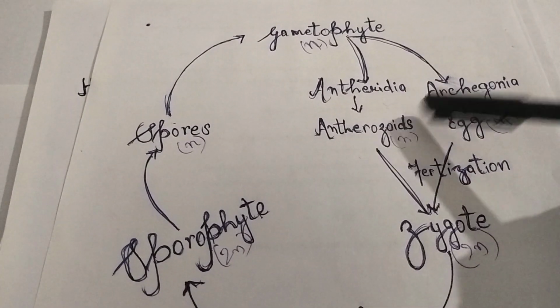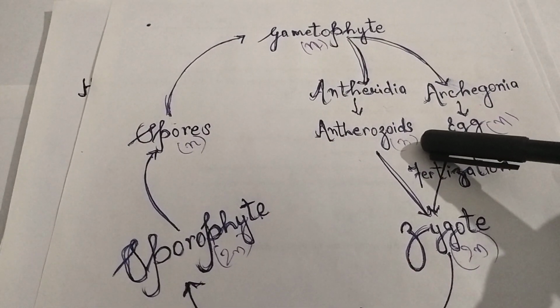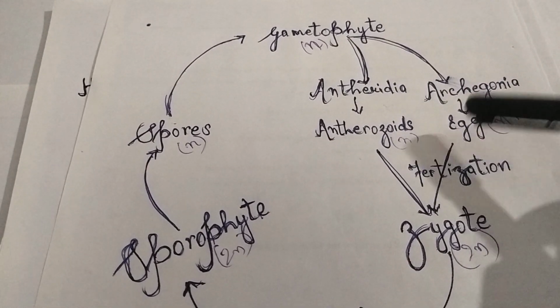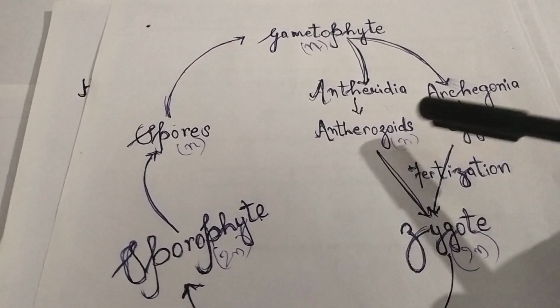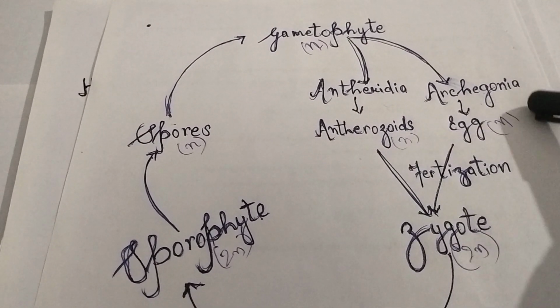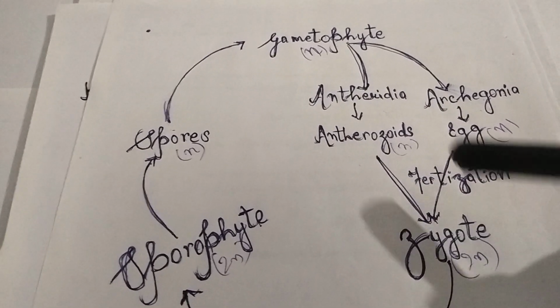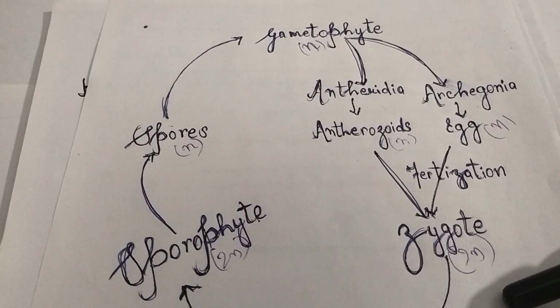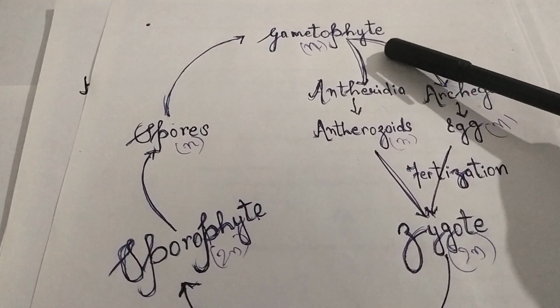They have antheridia and archegonia. Antheridia produce male gametes, that is antherozoids. Archegonia, female, produce the egg. Fertilization between antherozoids and egg takes place, and it results in the formation of zygote. Now all these things take place within the gametophyte.